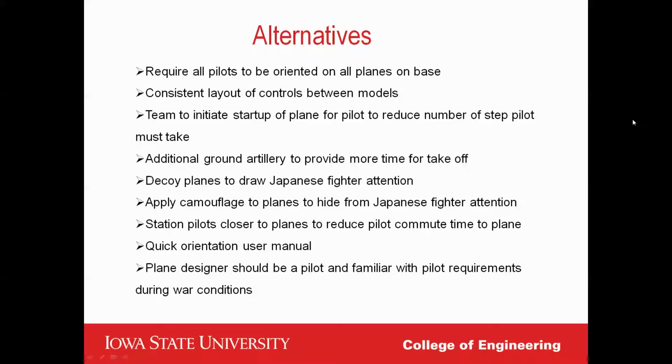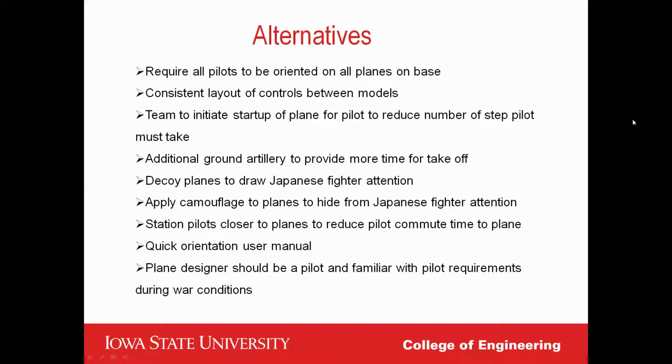We also discussed additional ground artillery, which would certainly buy some time by slowing down the Japanese airplanes from attacking the US planes. The next two alternatives are a decoy or camouflage to draw the attention of Japanese fighter planes away from actually attacking the actual planes.